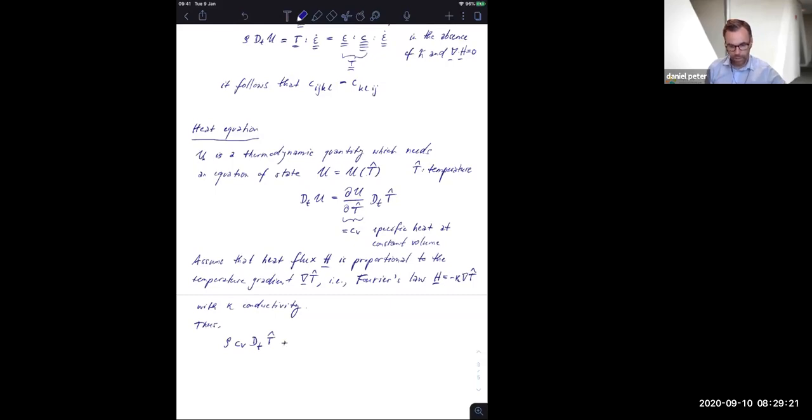Then we would have the divergence of the heat flux, which using Fourier's law, this constitutive relation, is minus kappa times the gradient of temperature. Is equal to the heat production.